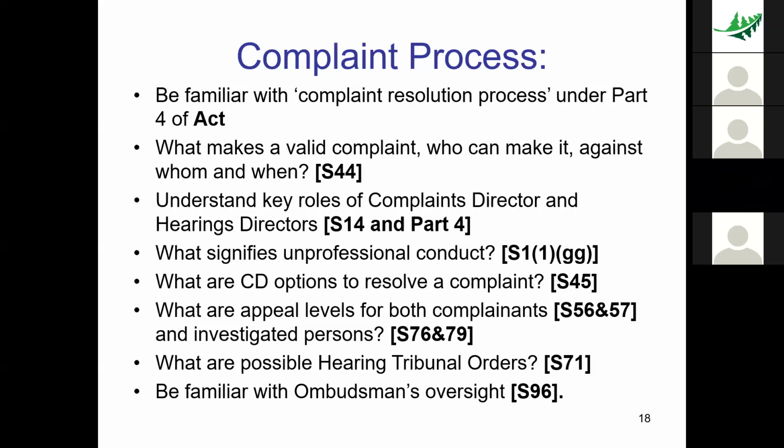I'll give you an example: if the complaints director dismissed a complaint and then didn't tell the complainant that they had the right to appeal and how many days they had to appeal, and the complainant made a complaint to the ombudsman's office about that process and said, I wasn't even told I could appeal this and I had a time restriction, well, the ombudsman's office could come in and slap our hands and make a ruling, and we would have to jump to attention and fix our processes. So there's always that ombudsman oversight, but it's usually process related.